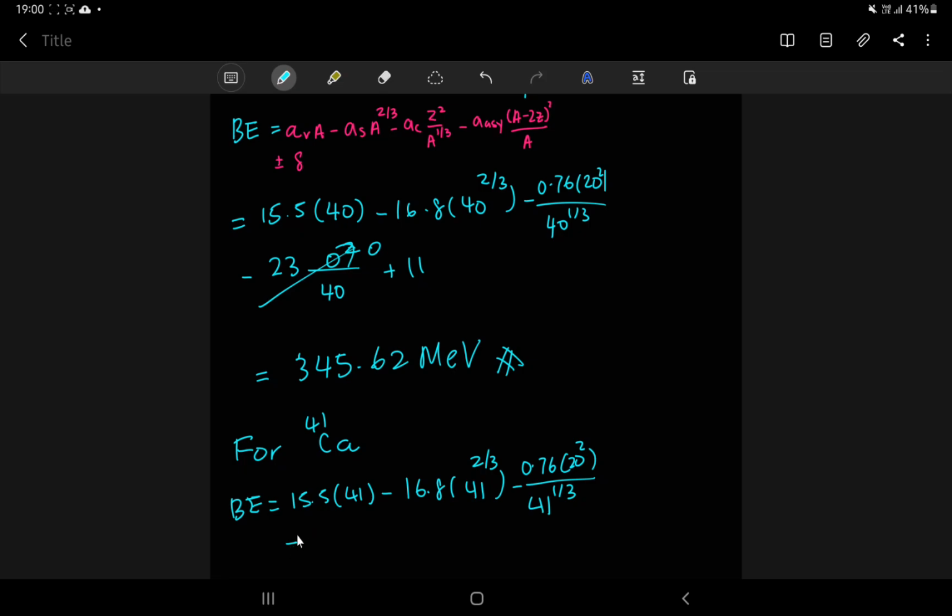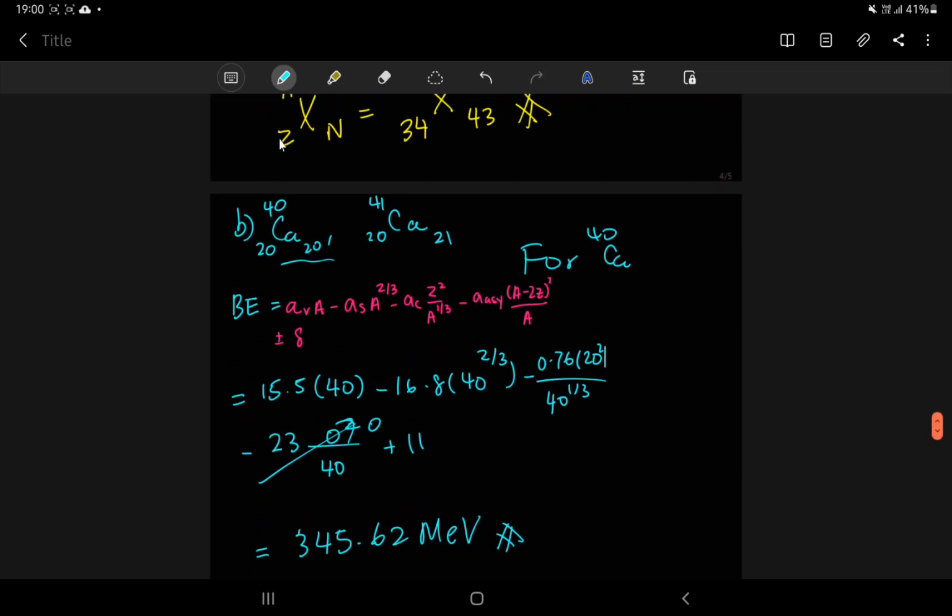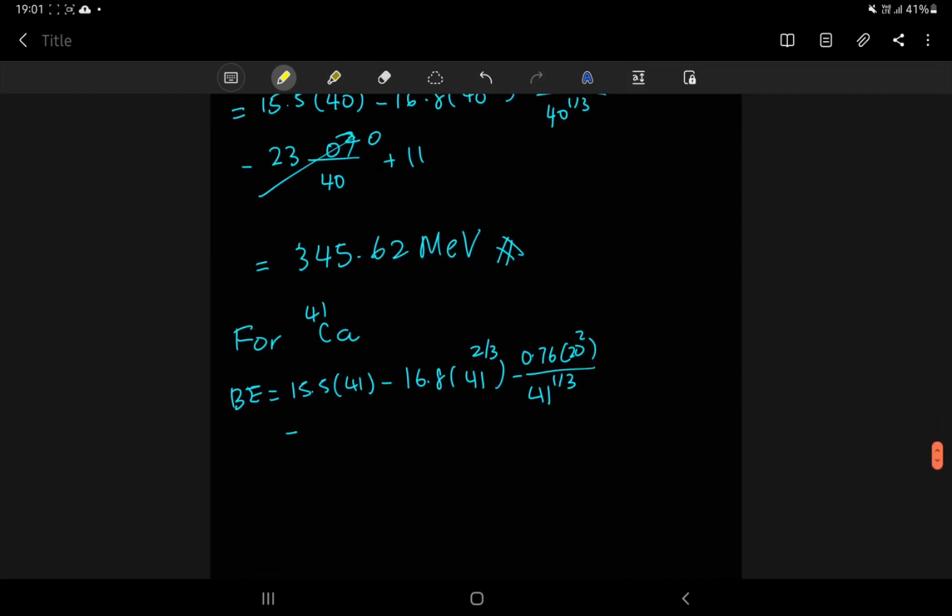For the pairing term, in this case it is 0, because the proton number 20 is even but the neutron number is odd. For even-odd nuclei the pairing term is 0, because the contributions of the neutron and proton cancel out.